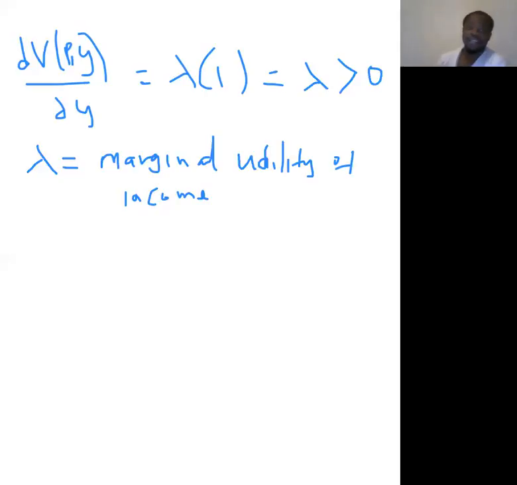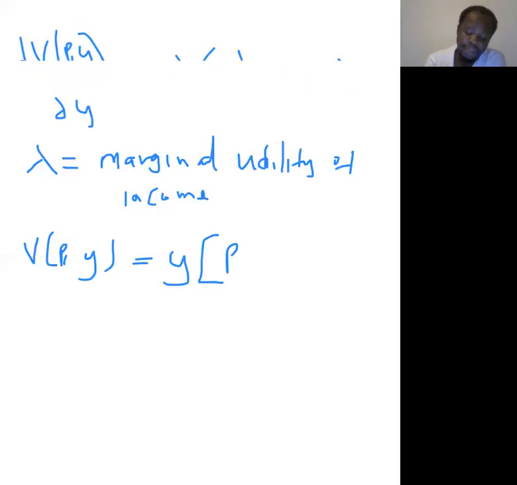So let's try with the previous example that we did. We solved for our indirect utility, and we had V(p,y) equals y times (p1^r plus p2^r) to the power of -1/r.